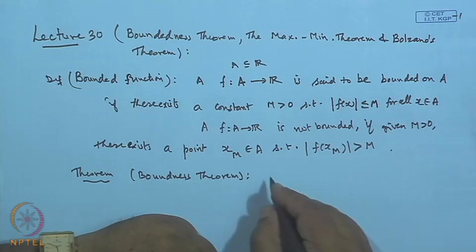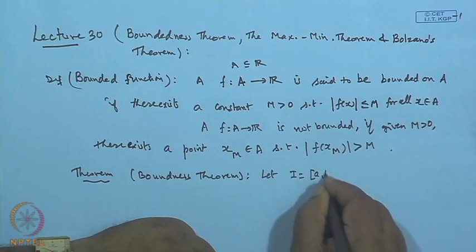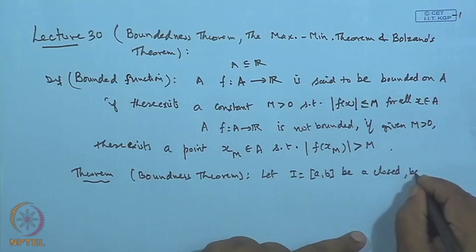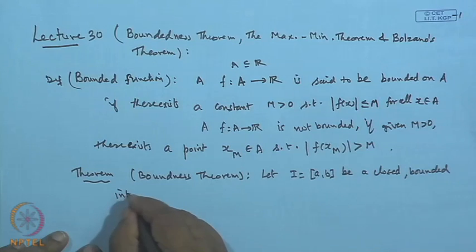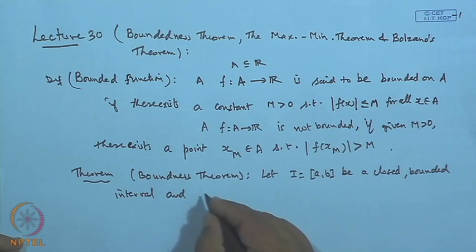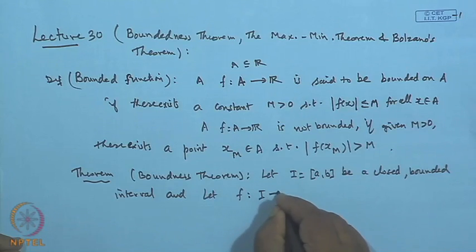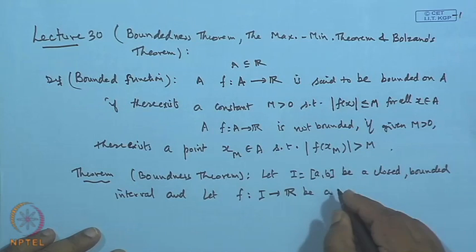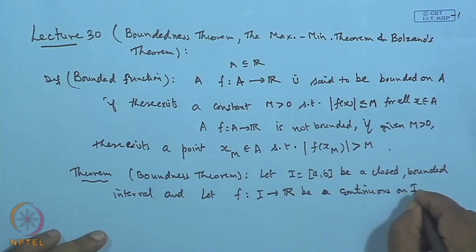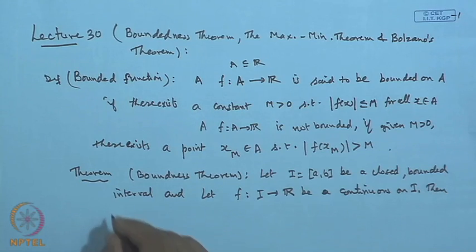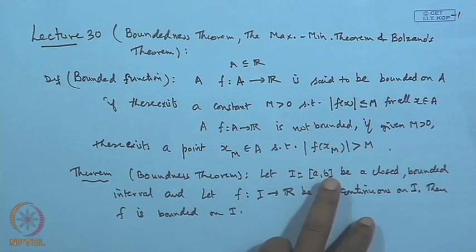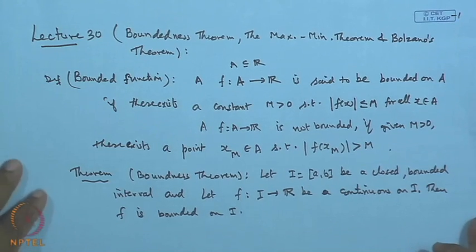The theorem says: let I be a closed bounded interval, and let f be a function from this closed bounded interval to R, a continuous function on I. Then f is bounded on I. So, every continuous function on a closed bounded interval will be a bounded function. That is what it says.